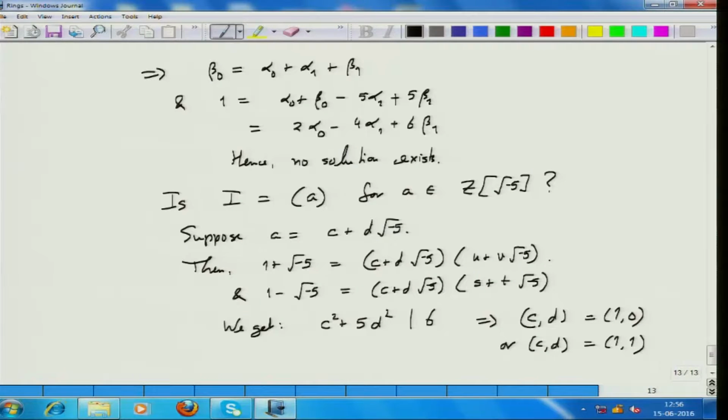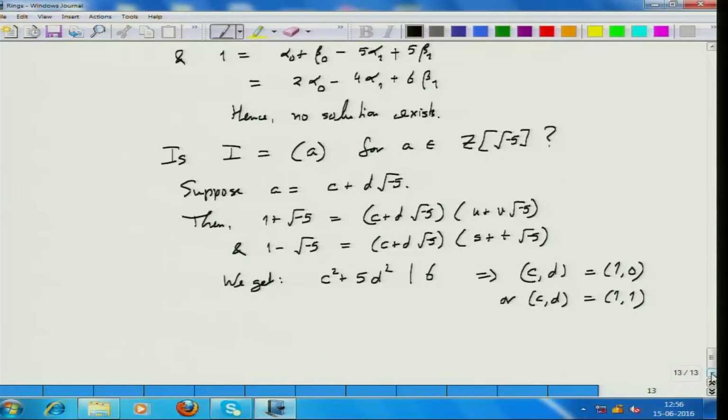Then we come to this point. How about this? 1 minus square root of minus 5, can it be written as one plus square root of minus 5 times s plus t square root of minus 5? Now, is this possible?